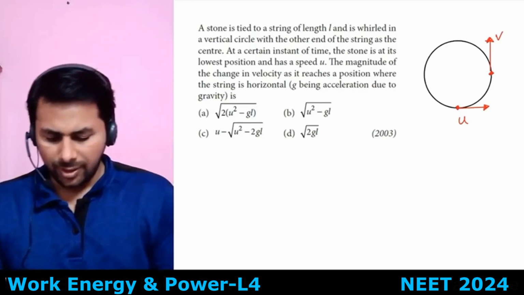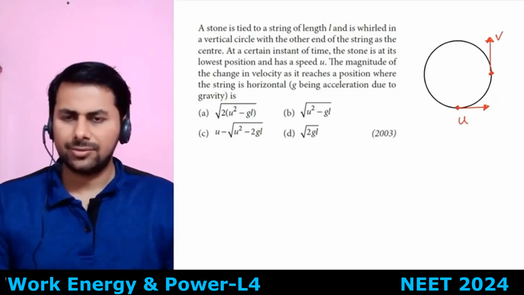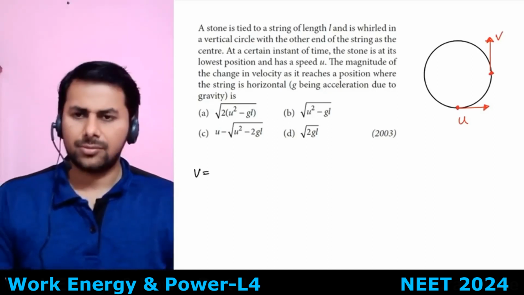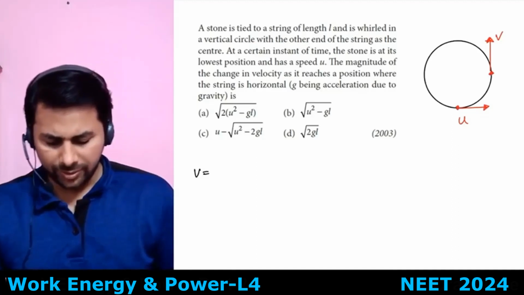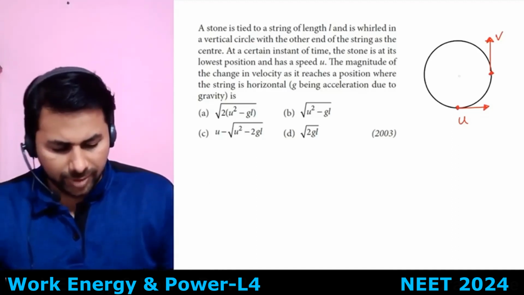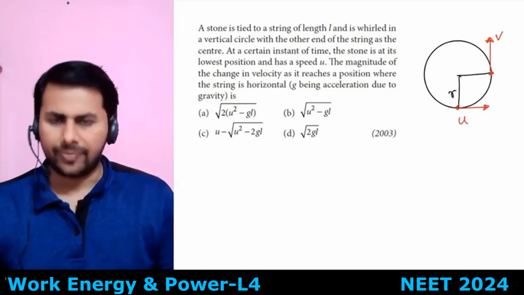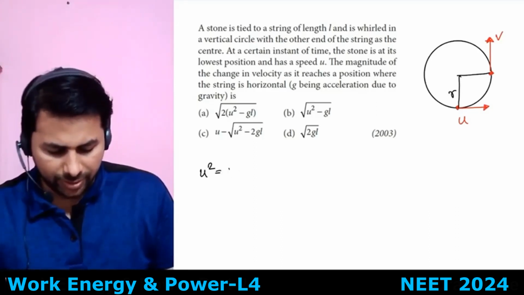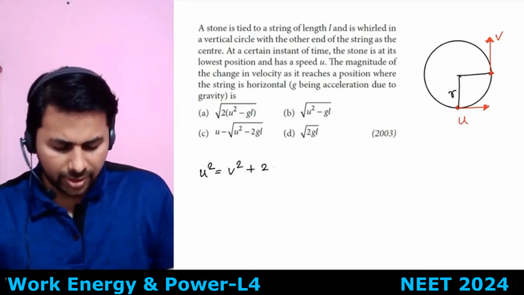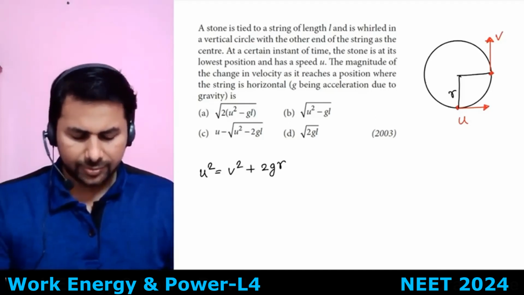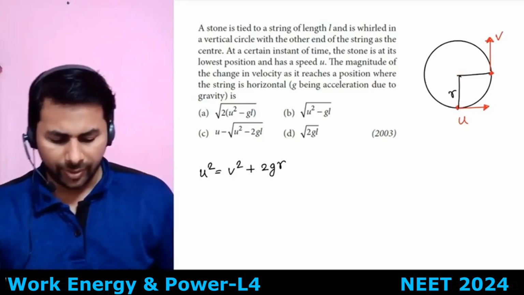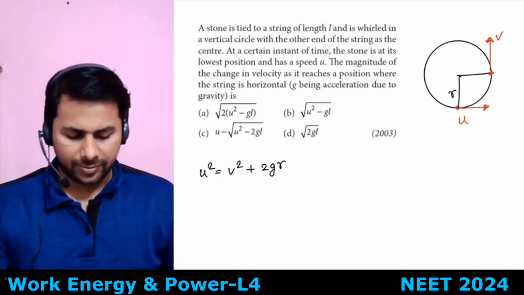Decrease. And how much will it decrease? You can say this much distance is r. The height difference is r. So I can say u square is equal to v square plus 2gr, right?